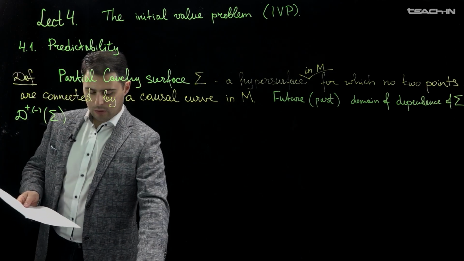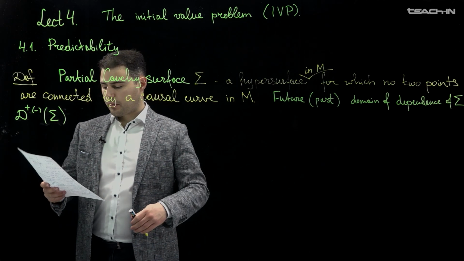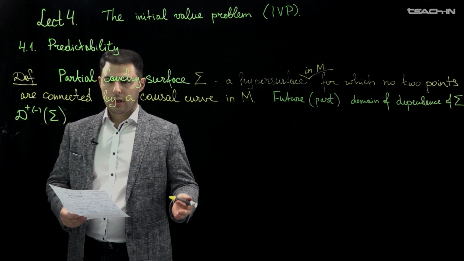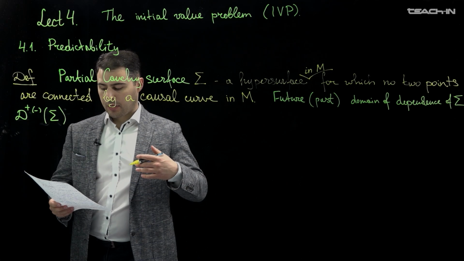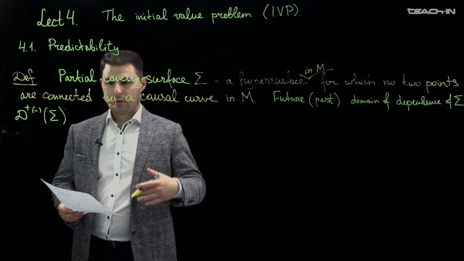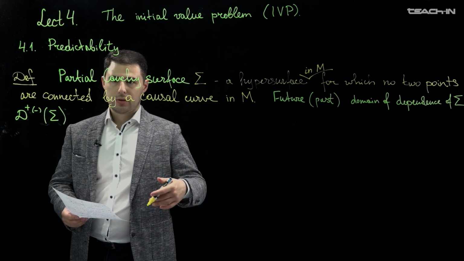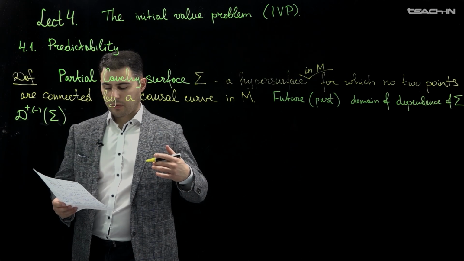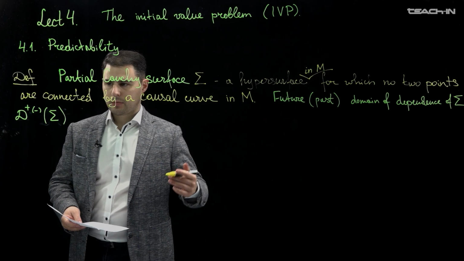This is the set of points in the spacetime such that every past or future inextendible causal curve going through this point intersects the partial Cauchy surface.